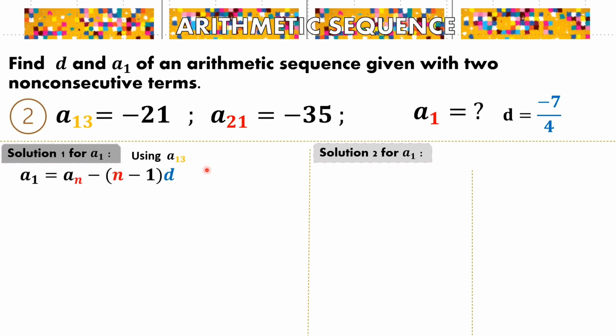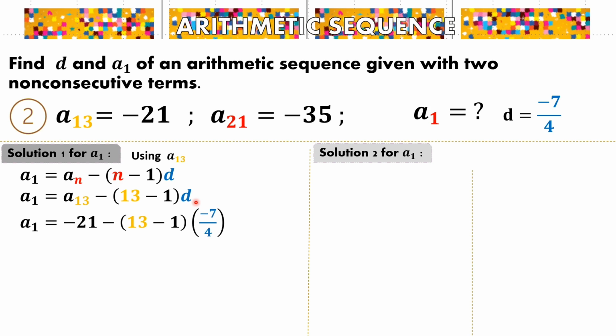Okay, by using the formula in finding the first term derived from the nth term of an arithmetic sequence. So we have a sub 1 is a sub 13 minus 13 minus 1 d.